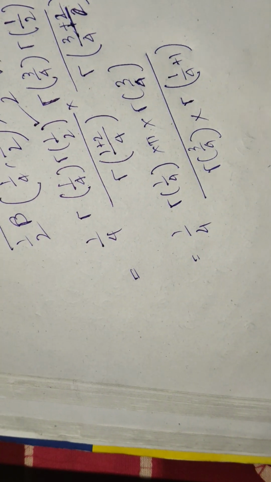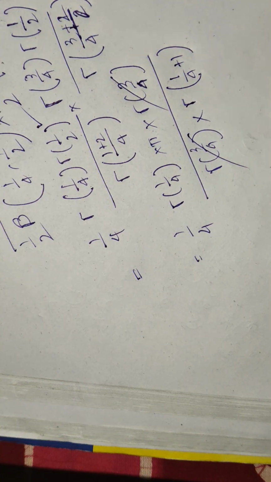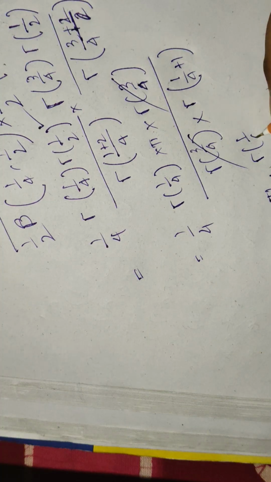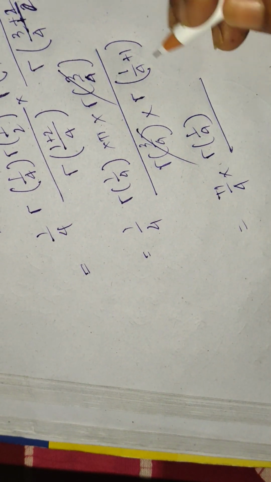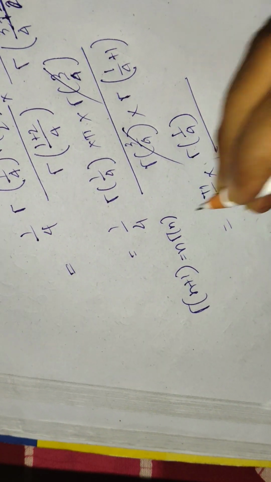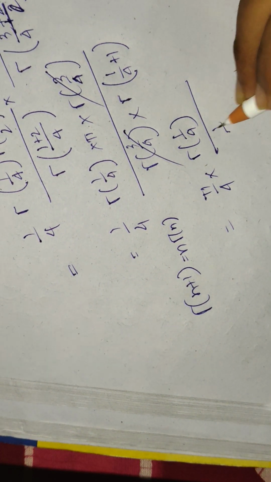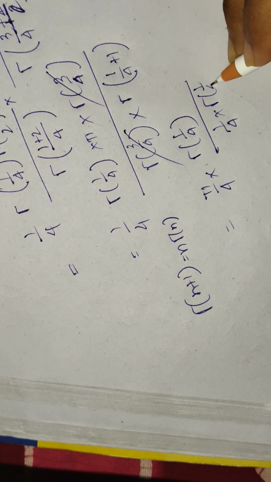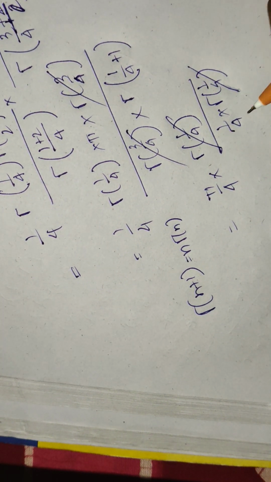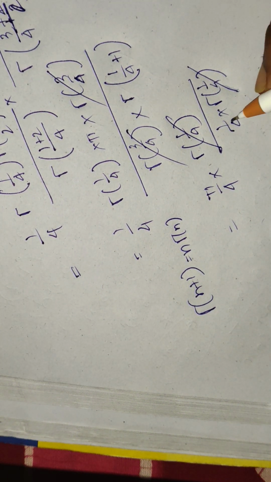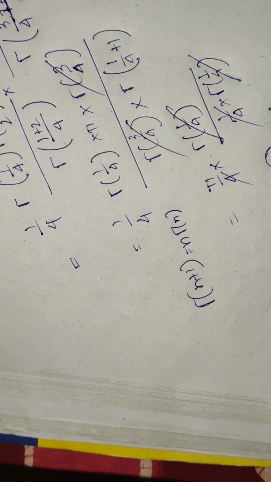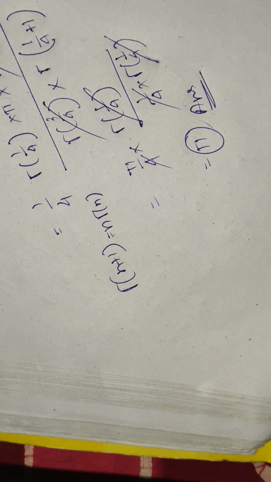Now this 2 will be cancelled out, and this is pi by 4 into gamma(1 by 4) divided by, we know gamma(n plus 1) equals n into gamma(n), so this is 1 by 4 into gamma(1 by 4). So gamma(1 by 4) will be cancelled out, and 1 by 4 and 1 by 4 will be cancelled out, so the answer is pi. So you can easily find out the answer.